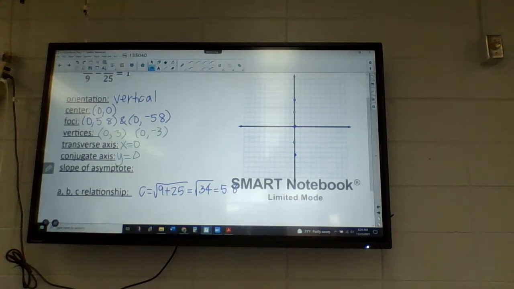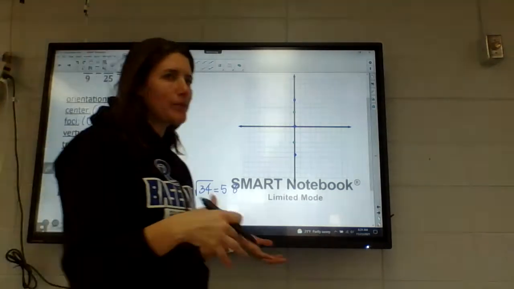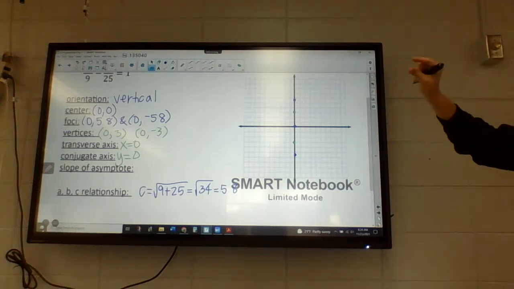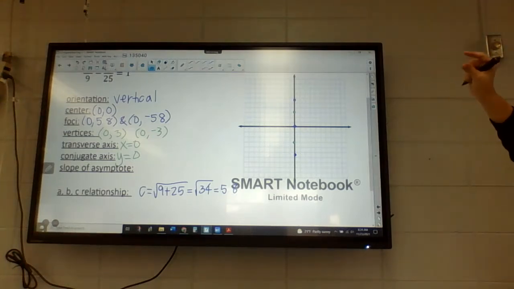Now the slope of the asymptote is the thing we'll talk about right now, but we're not going to use this much at all. Talking with Mr. Hatfield, it is a nice little guideline, but I was realizing how long it was taking me when I was doing my homework. So the slope of the asymptote is always the square root of the number underneath the y value over the square root of the number underneath the x value.